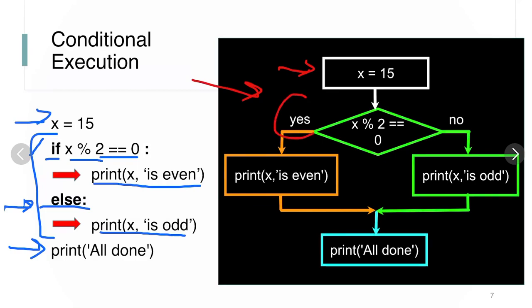If yes, it will go to the left hand side route, and then it will print x is even. If not, if it is false, then it will go to the right hand side and execute this print statement, x is odd. And whether it executes the left hand side or the right hand side, it will then go to the next statement after the if else statement, and it will print this.